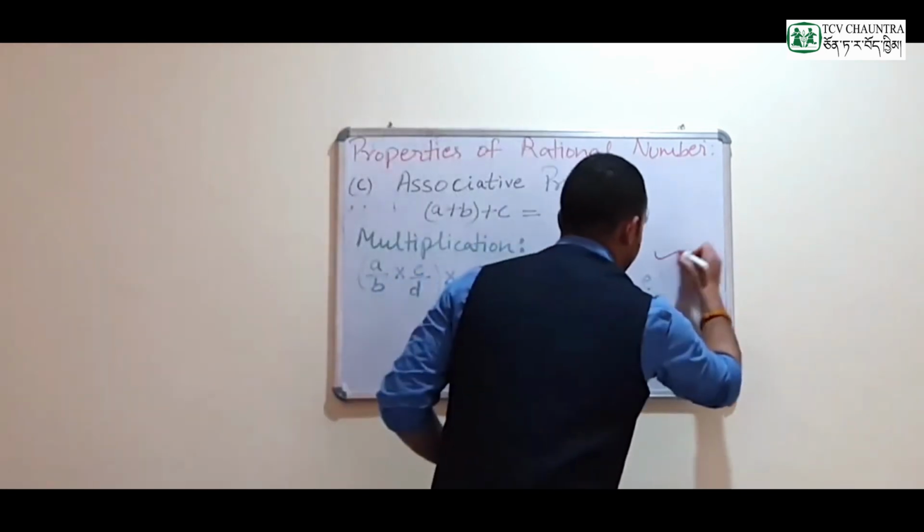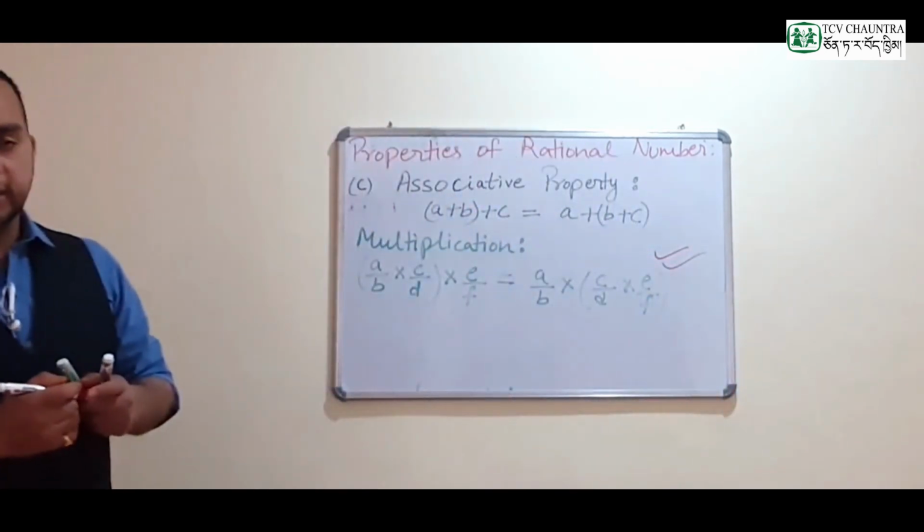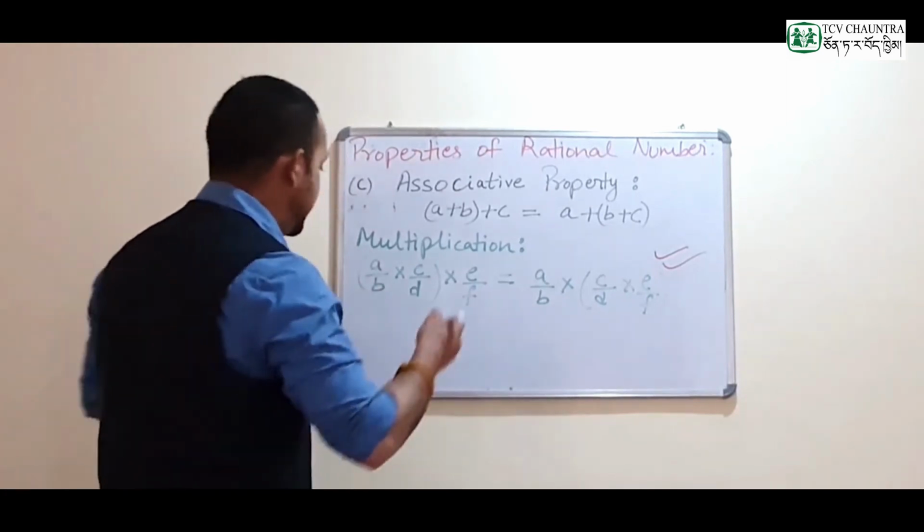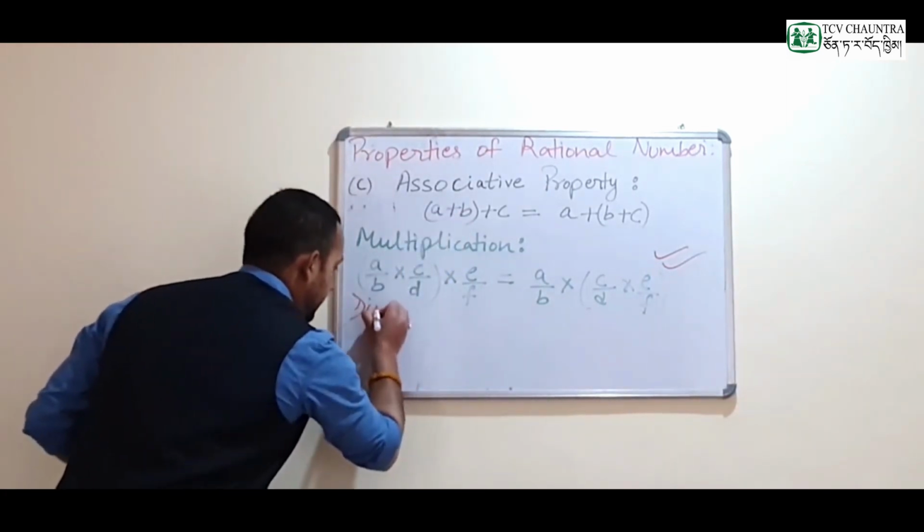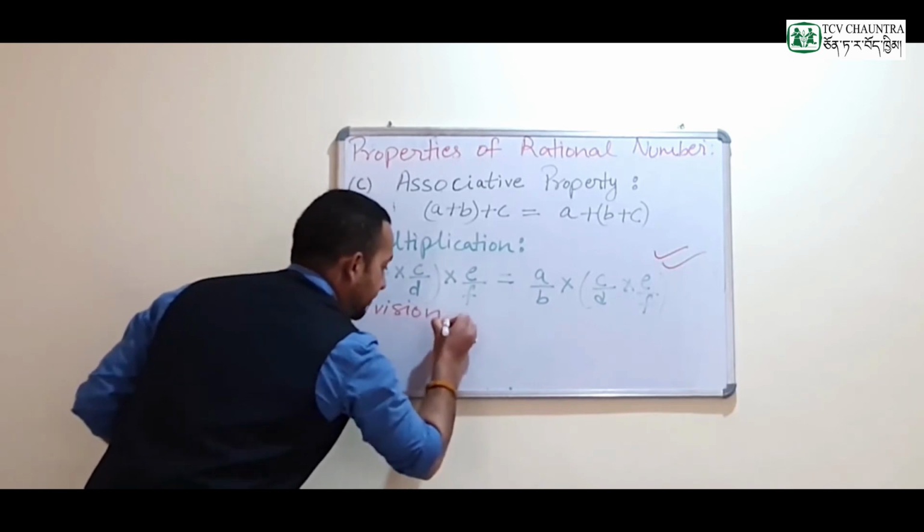Associative property is applicable in case of multiplication. In case of division, you can take an example by your own self and check it.